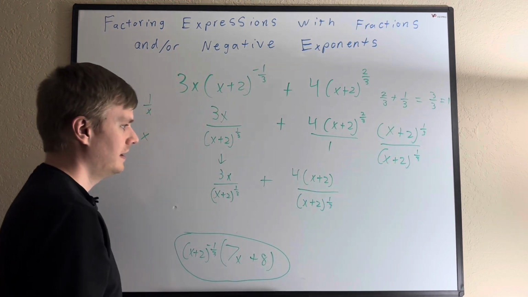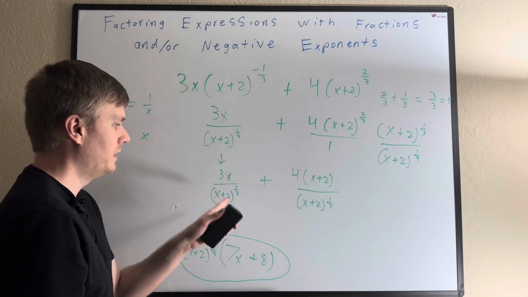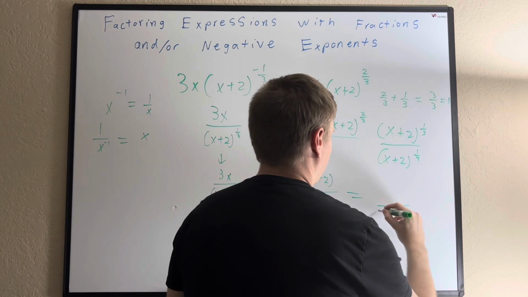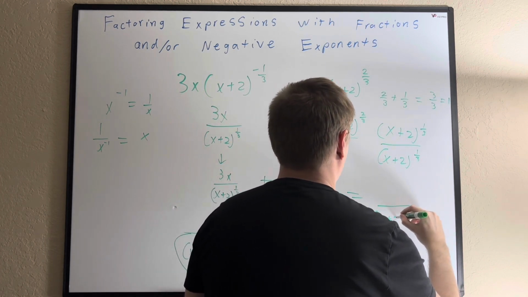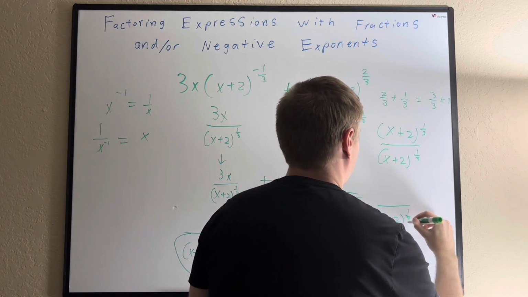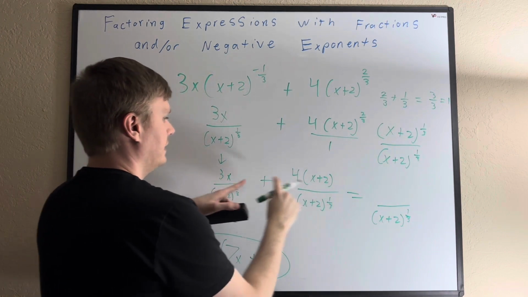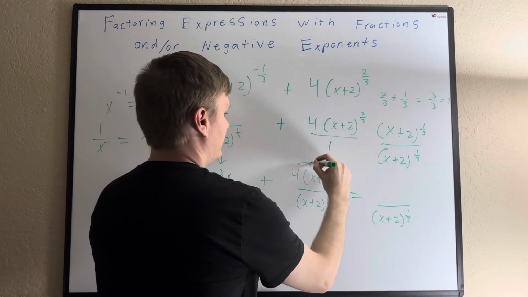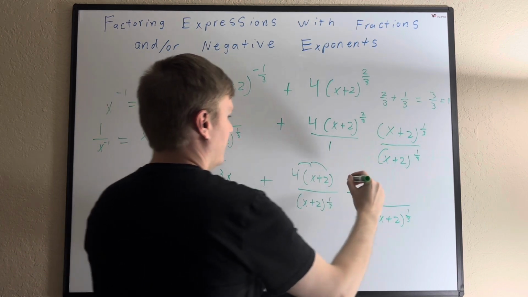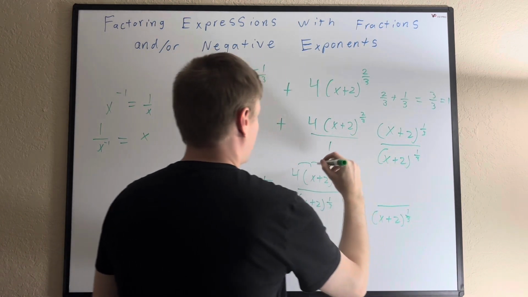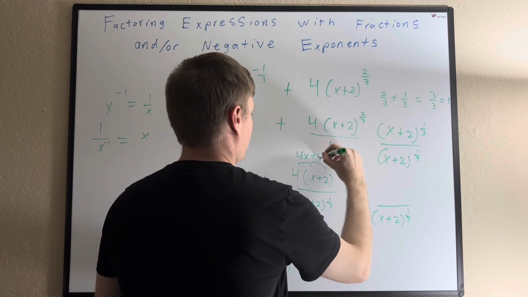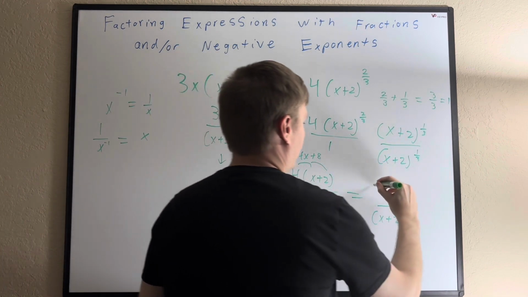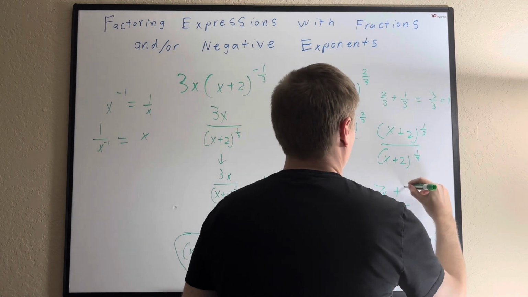Okay. So now we can add these fractions together. And our denominator isn't going to change at all. We're just adding these two numerators together. And guess what? We can distribute this first too. We'll get 4x plus 8. And we can say 3x plus 4x is 7x plus 8.